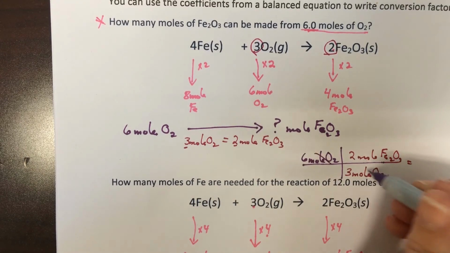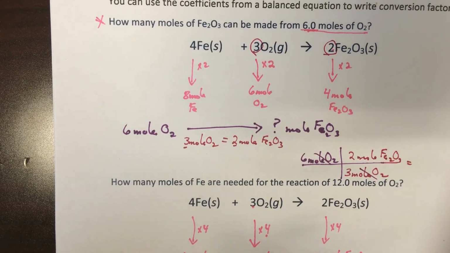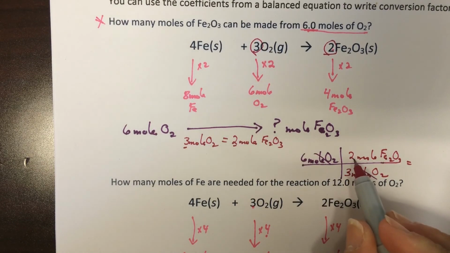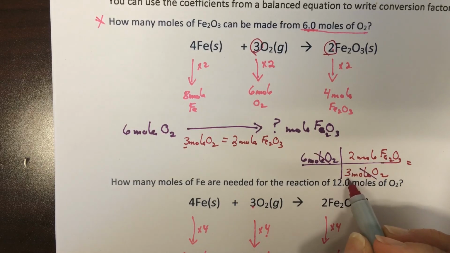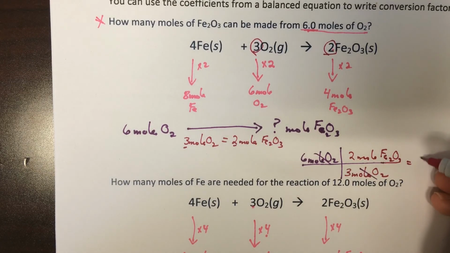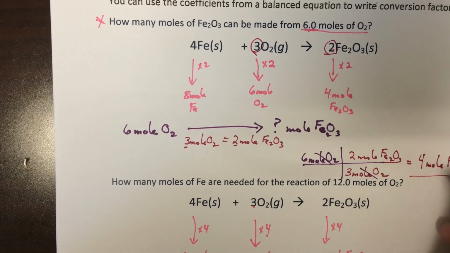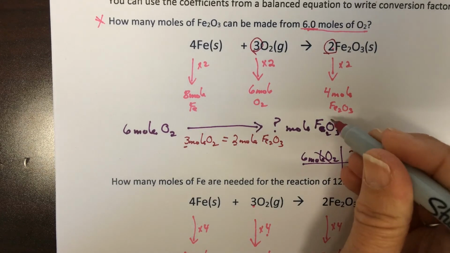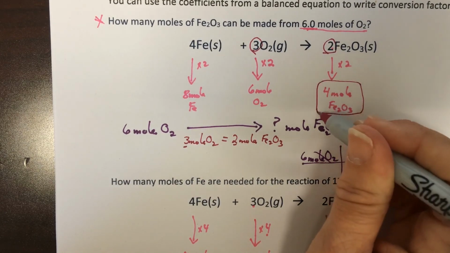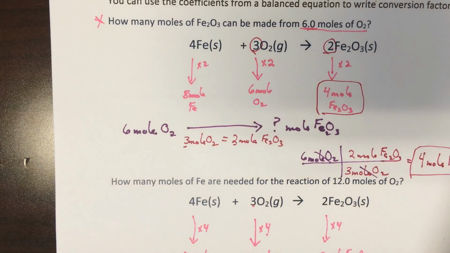Our moles of oxygen cancel. What we've got here is 6 times 2 is 12 divided by 3. That gives us 4 moles of iron oxide. And this is the same answer that we got here. We just got there a different way.